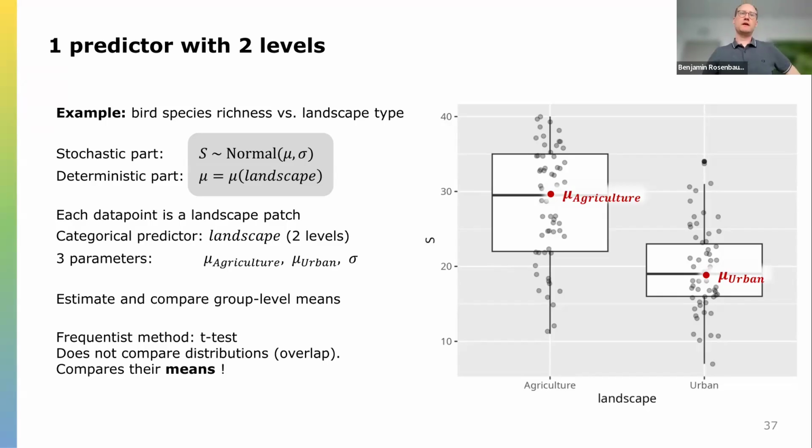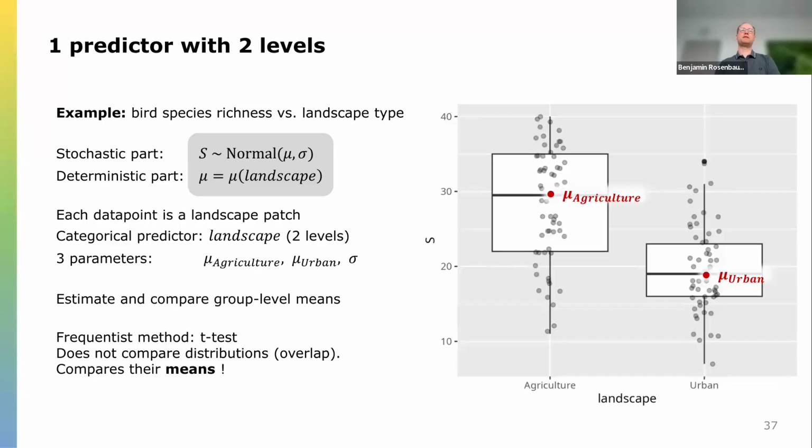So you would fit a model here which has 2 parameters, and these are the level-specific means of the response. So one mean for agricultural sites, one mean for urban sites.